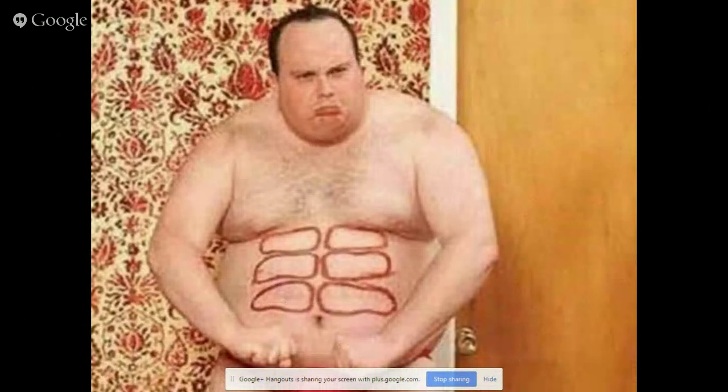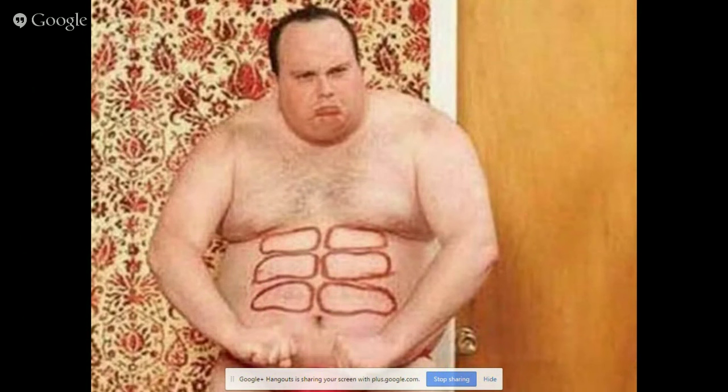All right, so let's do some vocabulary here. You can see that here we have a man, and this man has a big belly. Okay, and on his belly, he has some red circles.